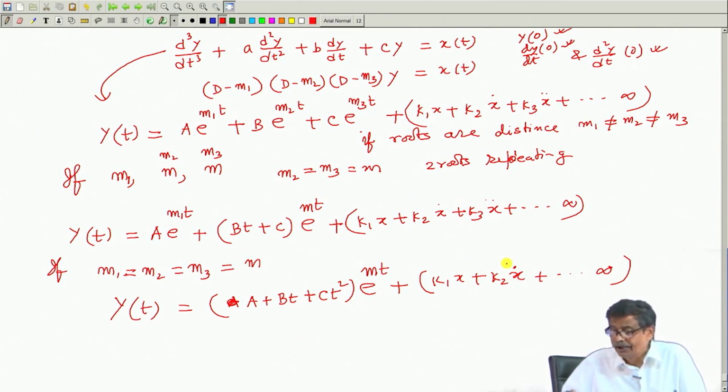Therefore, you will be able to handle situations very efficiently. We will later see that solving differential equations can be avoided by using some transformation, that is Laplace transformation.